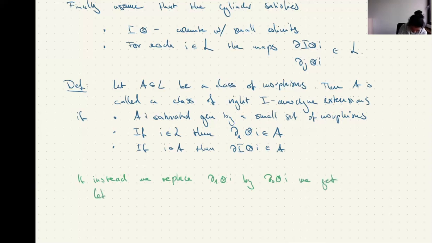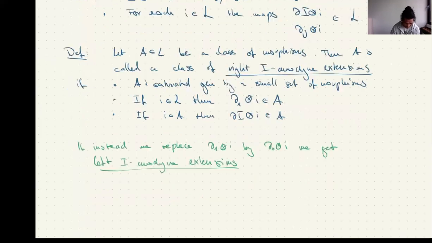Then we get left I anodyne extensions instead of the right ones.